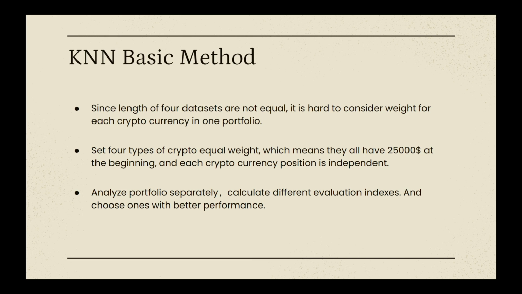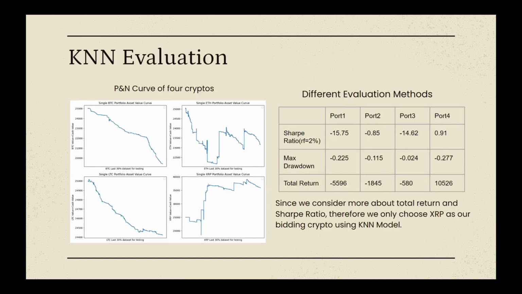Then I analyze portfolios separately, calculate different evaluation indexes, and choose ones with better performance. From the P&L curve of the four portfolios, we could see crypto, BTC, ETH, LTC lose money, and XRP got profit.